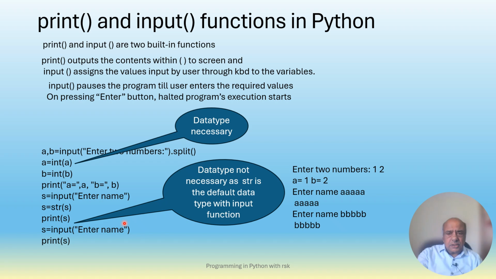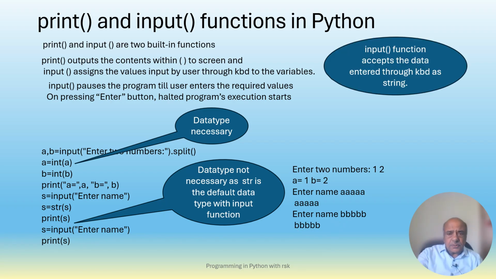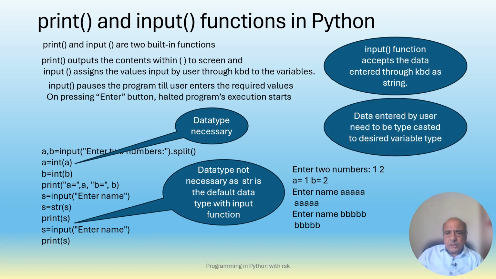So when the input function picks up the values entered by the user, those values are of type str. The input function accepts the data entered through the keyboard as a string. Data entered by the user need not be typecasted to the desired variable type if it is a string.